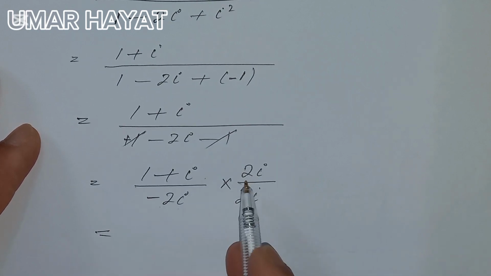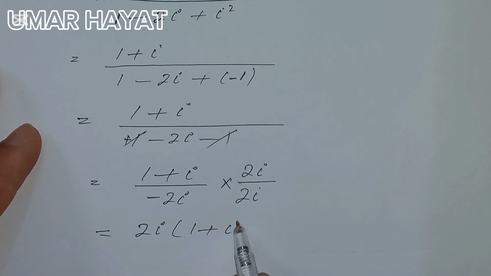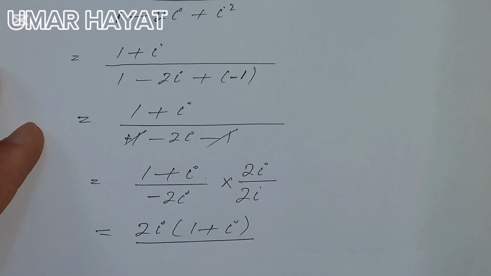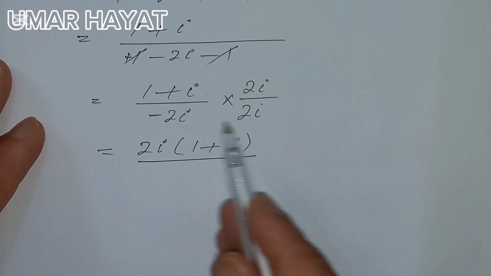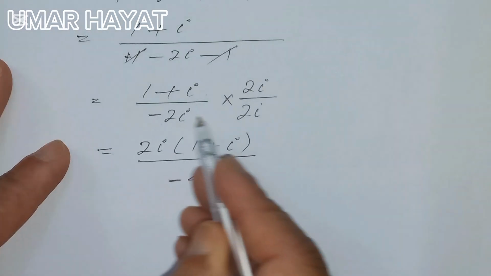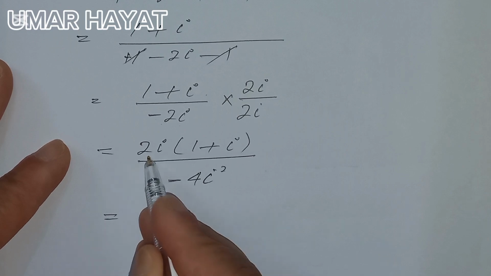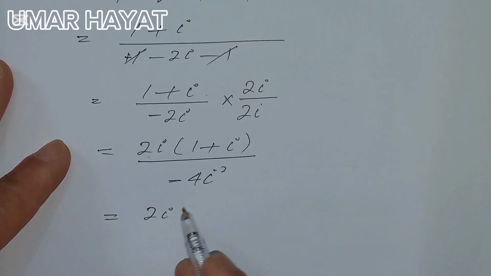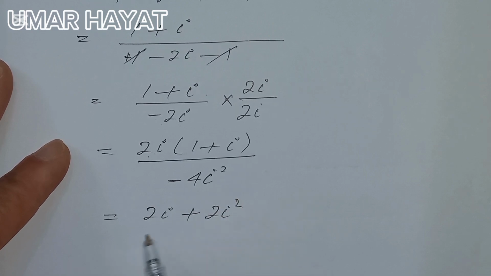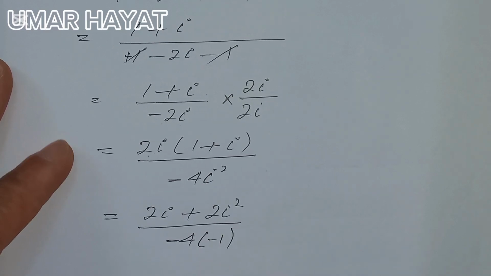Now numerator will multiply with numerator, 2 iota bracket 1 plus iota, and in denominator minus 2 iota multiply 2 iota, it will be minus 4 iota square. 2 iota multiply 1 is 2 iota, and 2 iota multiply plus iota, the answer is 2 iota square, and in denominator minus 4 iota square, and we replace iota square by its value, that is minus 1.